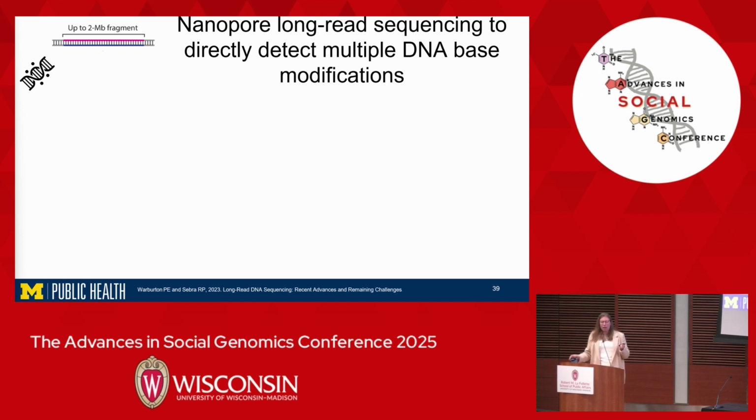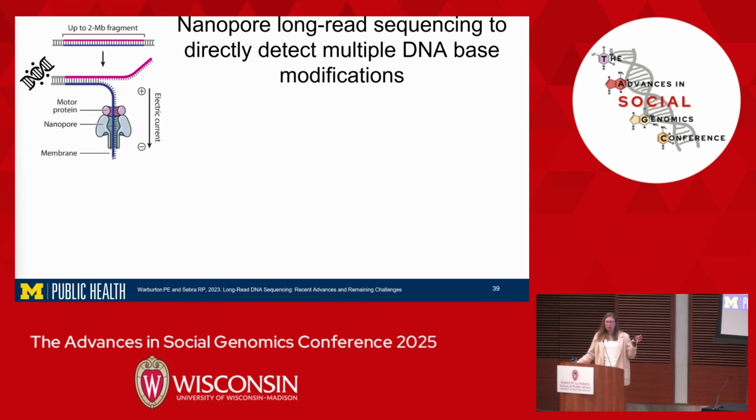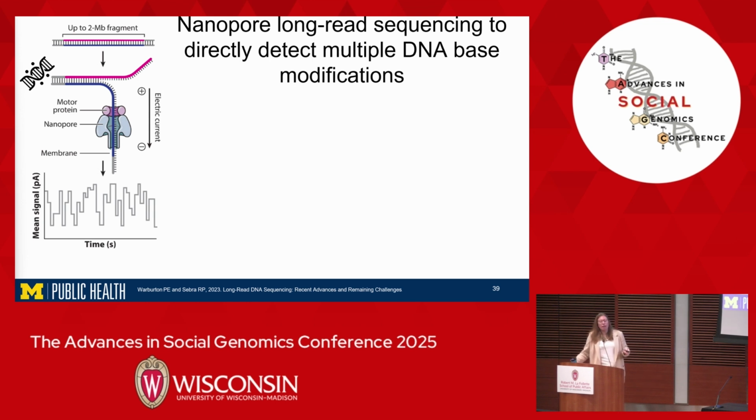This technique has the advantage that we can resolve those different types of modifications. So we don't do that, there's no prior bisulfite treatment, we just feed the DNA directly into this pore. There's an electrical current that's measuring a signal from each base, and we can identify the genetic sequence of this.